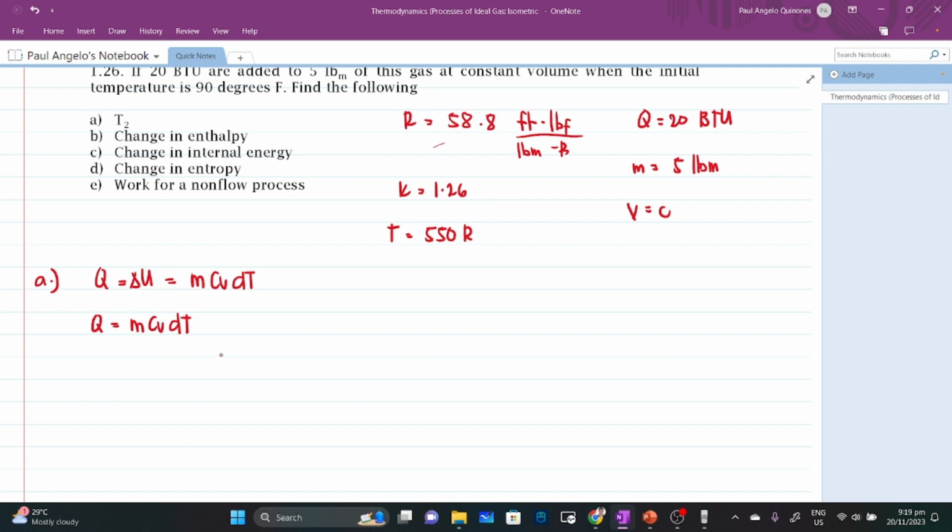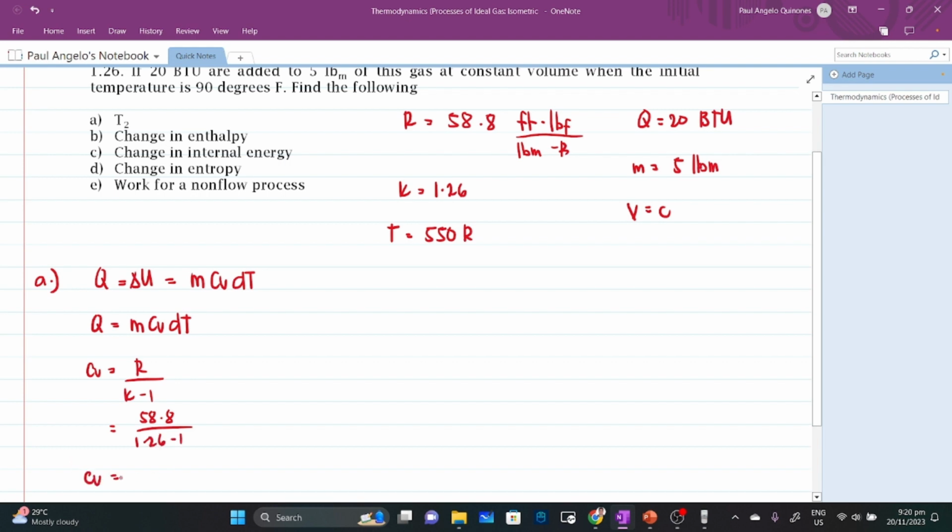So we have mass, we have heat, but we don't have CV. So let's try to solve for CV. Since we are given R, the specific gas constant, and we are given the specific heat ratio, definitely we can solve for CV by using CV is equal to R over K minus 1, wherein R is given by 58.8 over K, that is 1.26 minus 1.